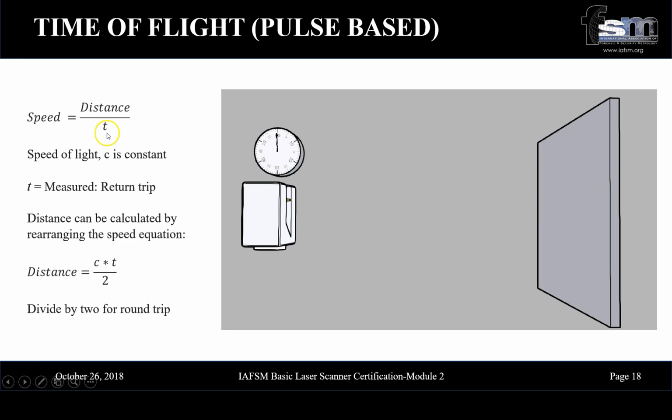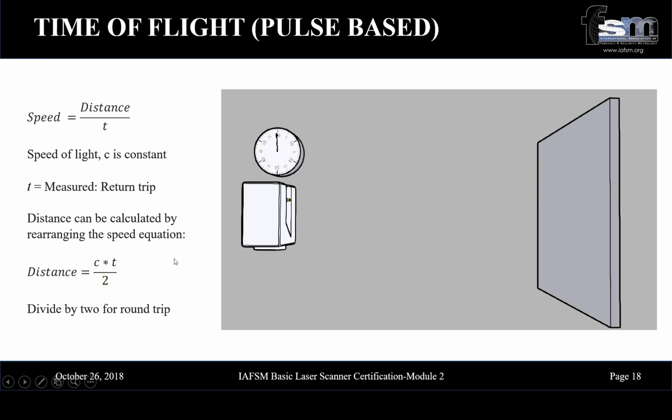Now the difference here is that we've actually measured the round trip, so we want half of that. We only want the distance from the scanner to the surface, and we don't want to add the portion on the way back, because that would be twice the distance. So when we rearrange this equation, the distance is equal to the speed times the time, but we have to divide by 2 because of the round trip.